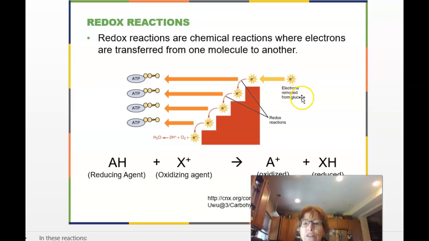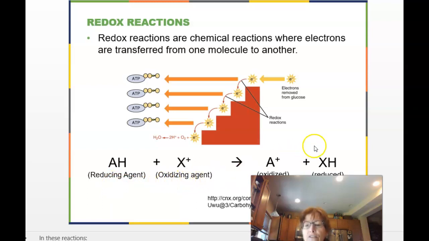So what you see here on this image is that if we take electrons from glucose, we can do this in a very stepwise fashion. So it doesn't all happen at once. We do it in a series of metabolic or chemical reactions that you see here till we get to the end. So we have something that acts as a reducing agent, meaning it's something that is going to pull electrons away, and then we have something that's an oxidizing agent too.